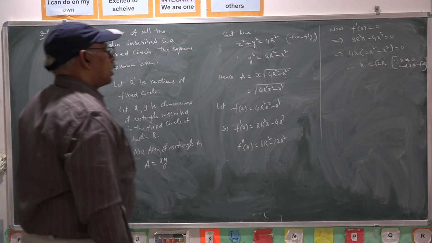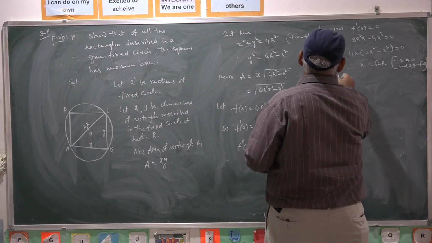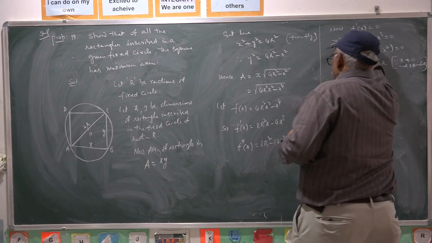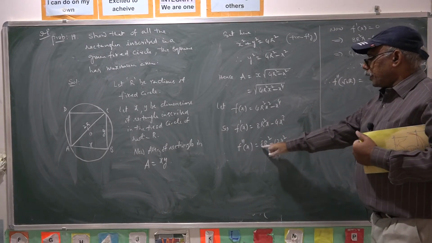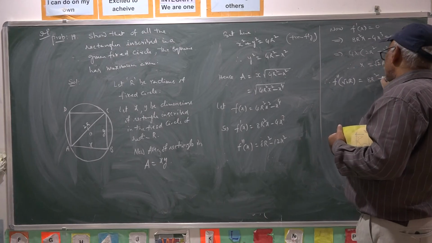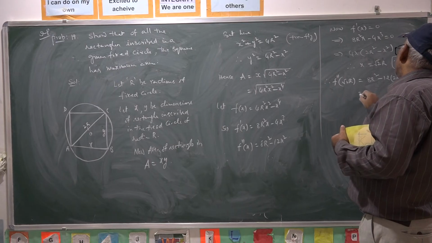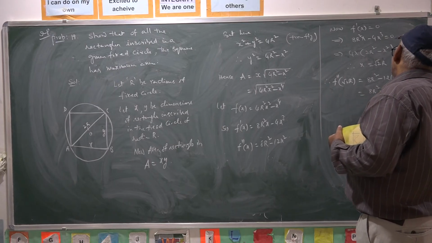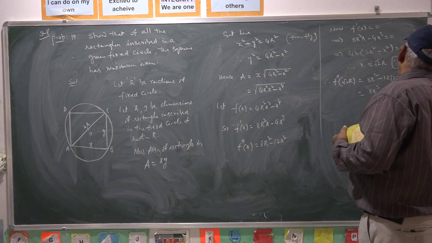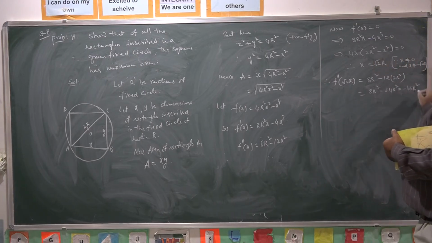Once x equal to root 2r, I am observing the second derivative at this x value. That is 8r square minus 12 into x square, 2r square. 8r square minus 24r square, which is minus 16r square, which is negative.